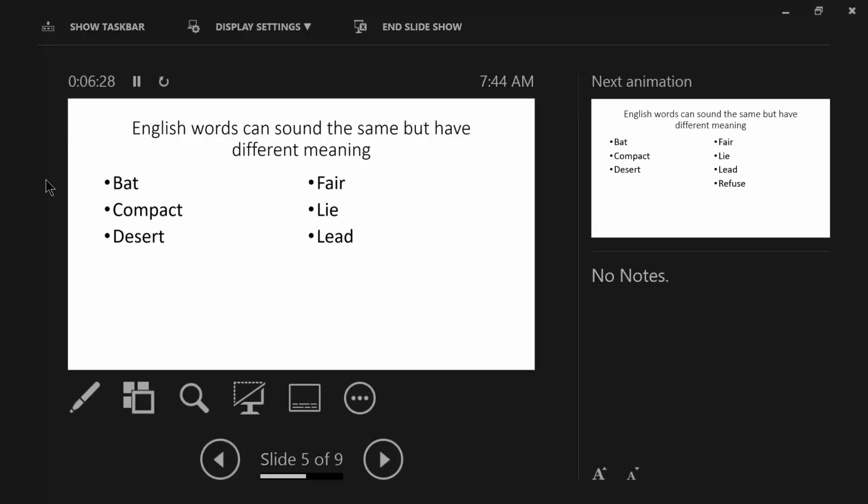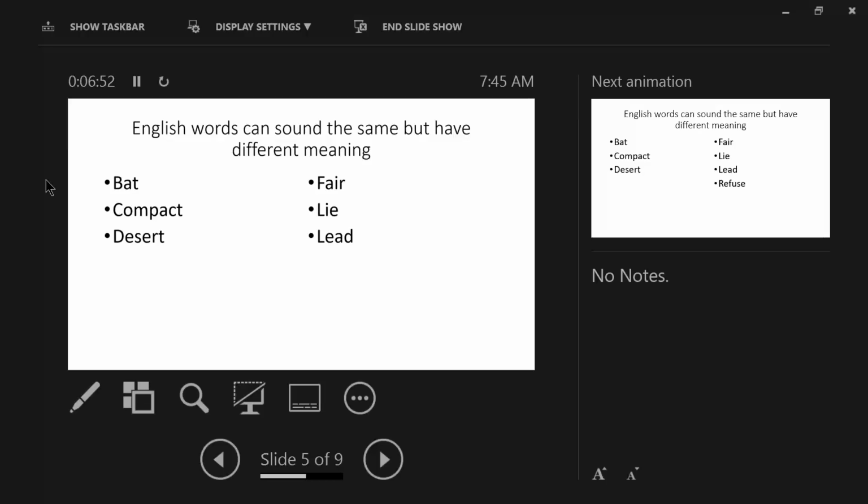It could be an animal, it could be something used in a sport. Compact could be an agreement or something that is condensed. Dessert could be something that is eaten, or some pronounce this desert, and that would be a dry parcel of land.